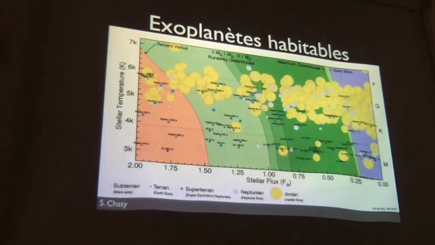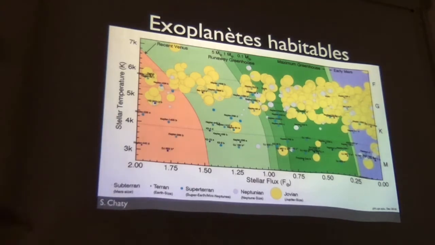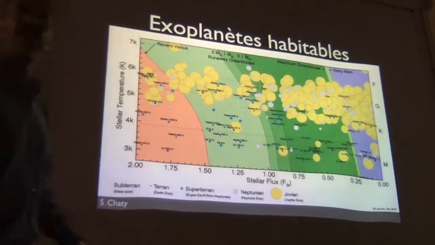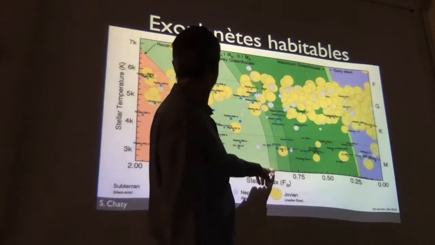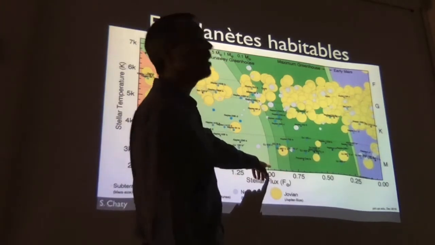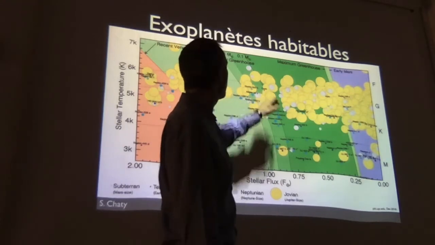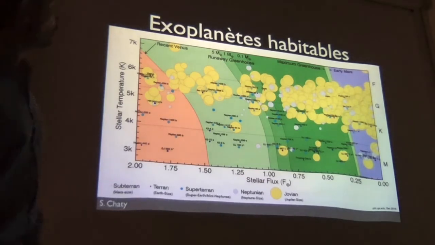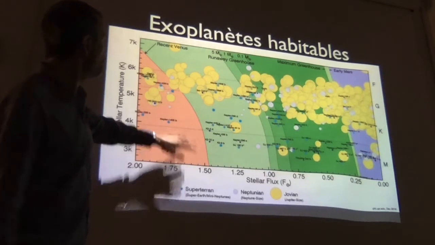And now it becomes a bit more complicated. So this is the same plot as before, but more elaborate, more accurate, with the stellar temperature and the stellar flux. Stellar flux 1 with temperature of nearly 5,600 kelvins, the Sun. The Earth is here. Okay. Then you have different colors. This is the Venus case.